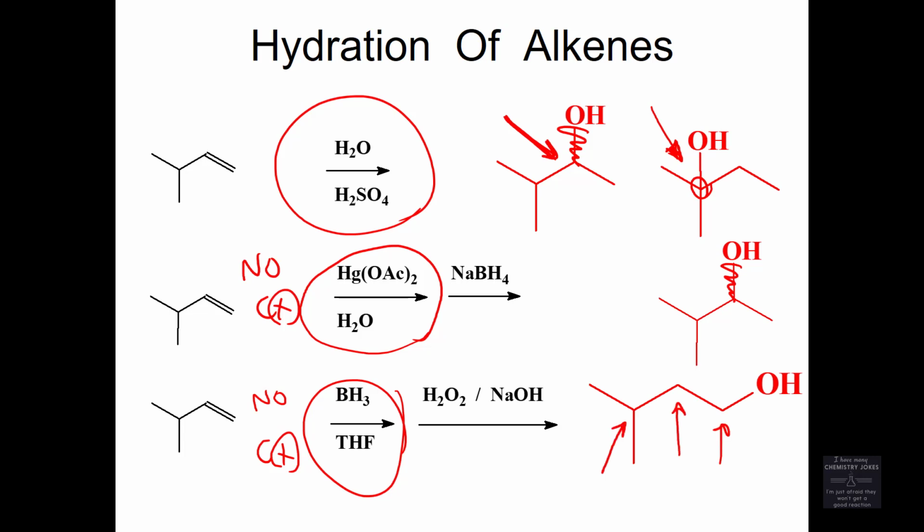Neither is that. Neither is this. There are no asymmetric carbons in this molecule. So while it does give syn addition, there's no need for me to designate that in this molecule because it doesn't matter. So Markovnikov, anti-Markovnikov, all of these are hydration of alkenes. All of these are classified as addition reactions. Okay?